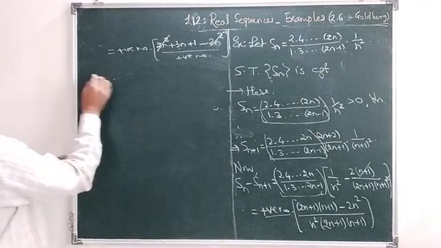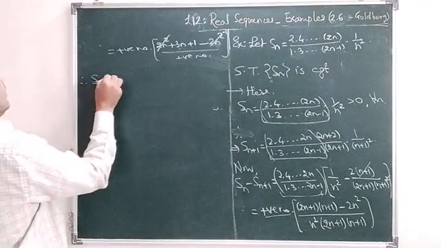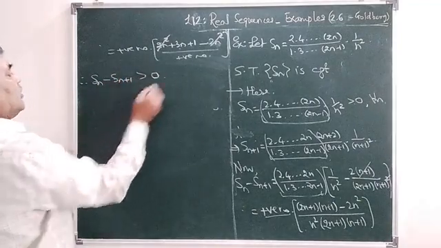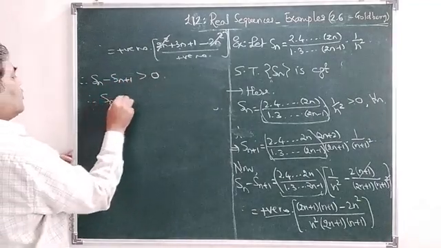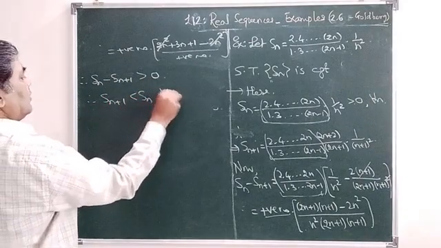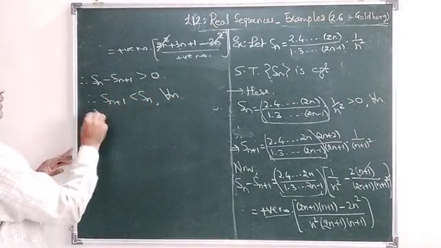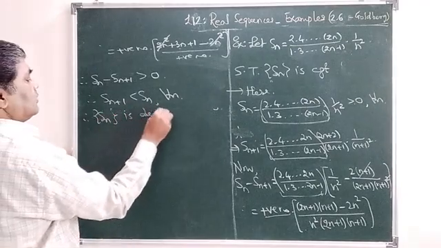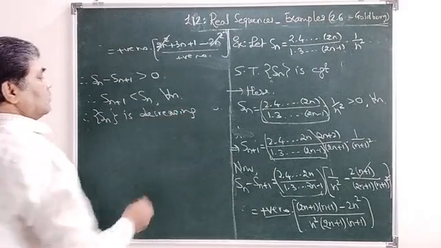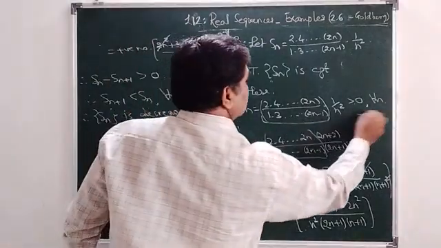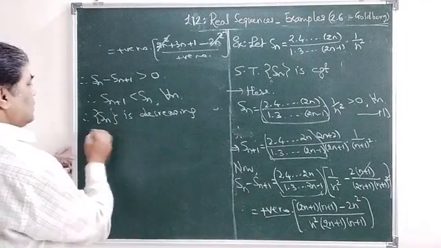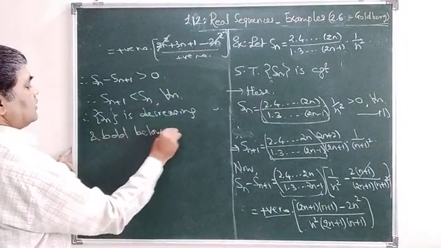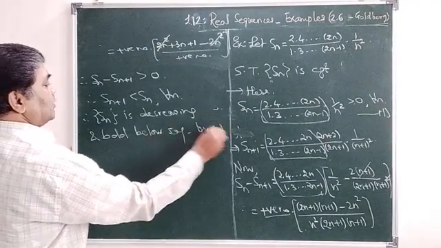Okay. Therefore, Sn minus Sm plus 1 is positive, meaning it is greater than 0, and therefore Sm plus 1 must be less than Sm for every n. And therefore Sn is decreasing, and by this, a decreasing and bounded below sequence by 1.